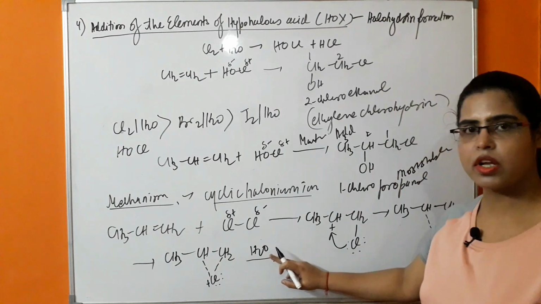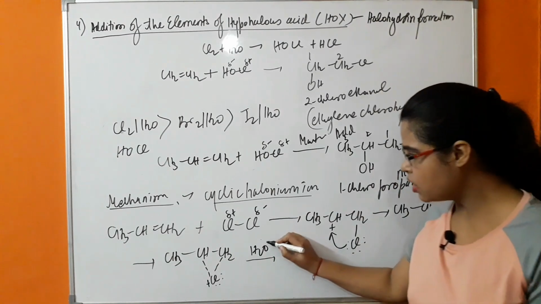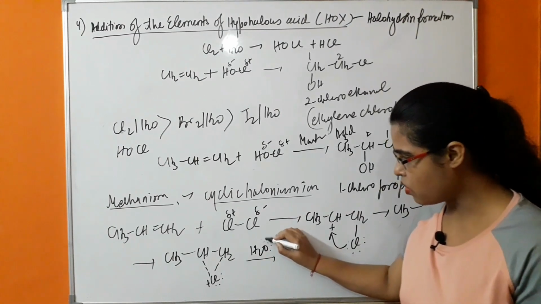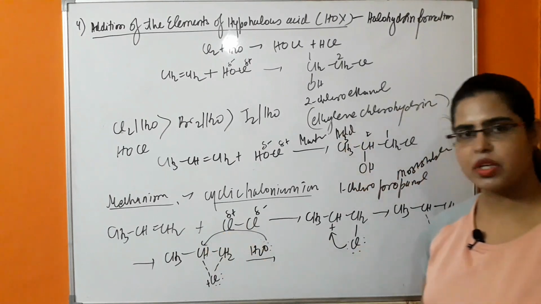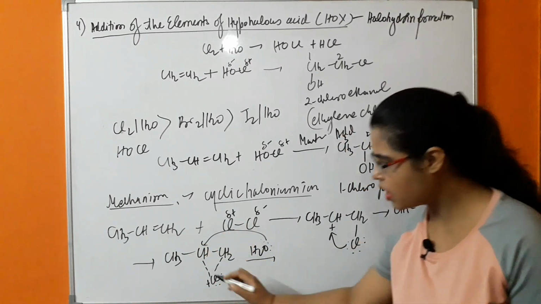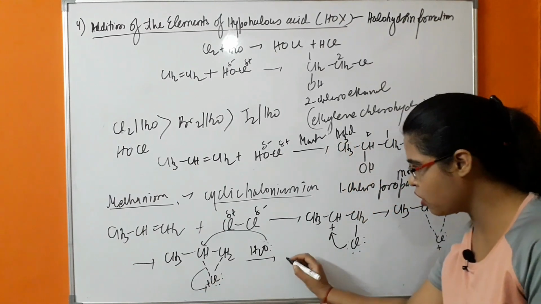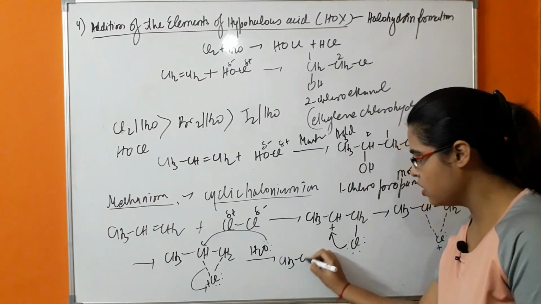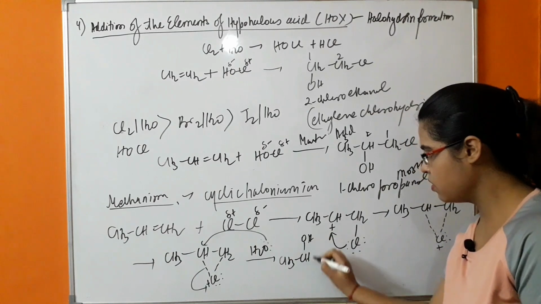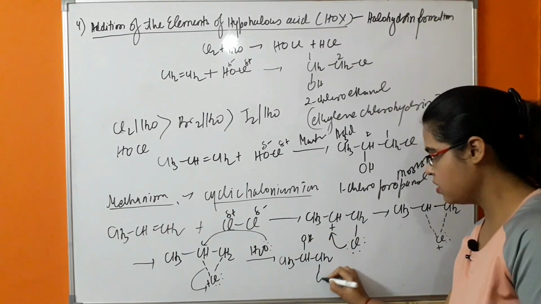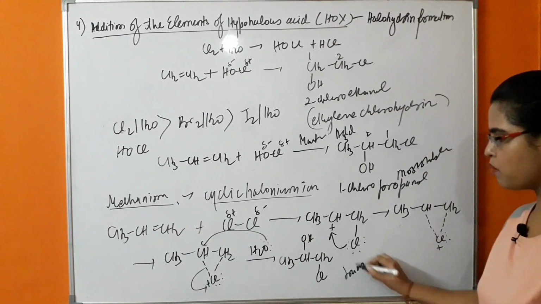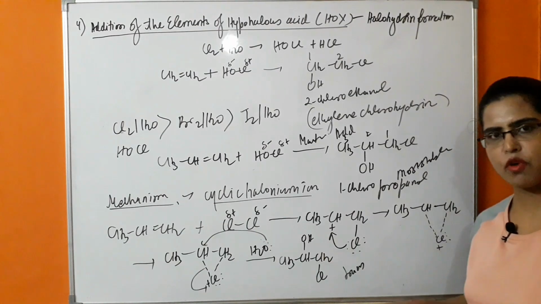So this water molecule will attack from the back side. The lone pair of this oxygen will attack this carbon, that is the secondary carbon, and this bond will shift towards this. So there will be formation of CH3CH(OH)CH2Cl. This is the trans form of halohydrin that will be formed.